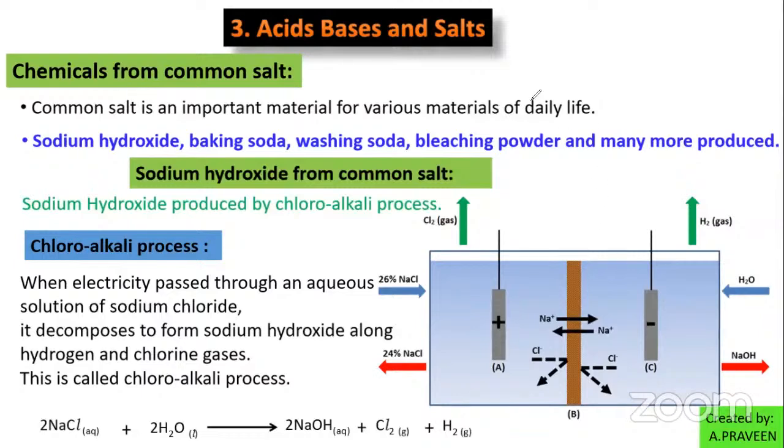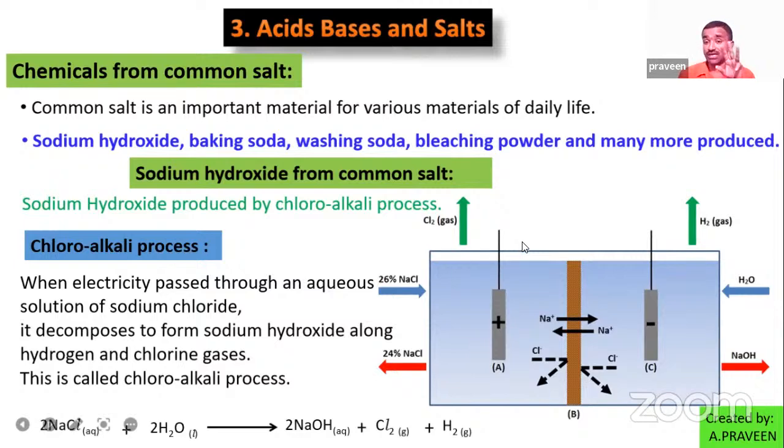So, three products we obtained: chlorine, hydrogen, and sodium hydroxide. Remember the uses of these three substances individually.